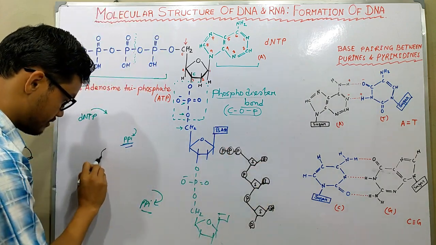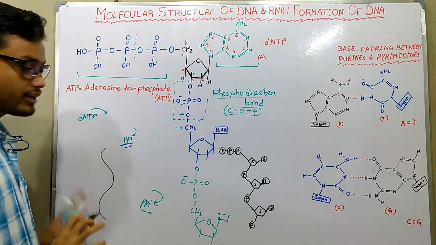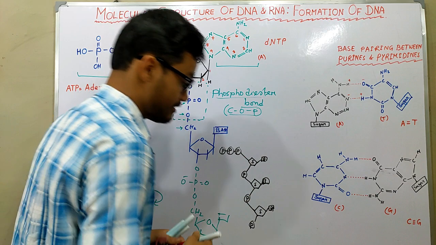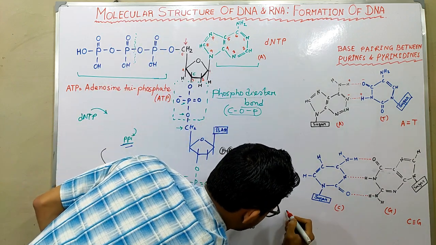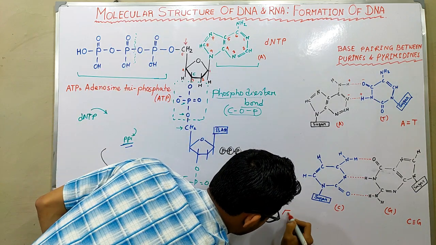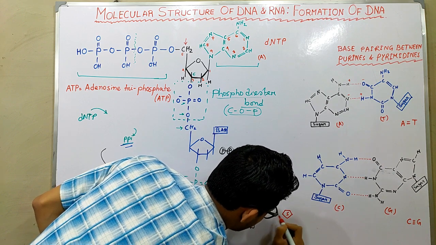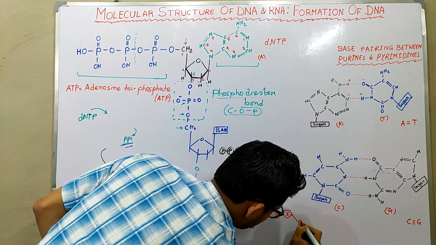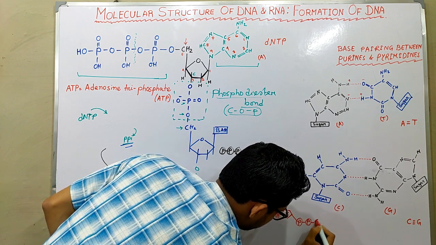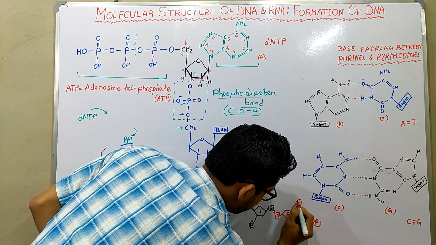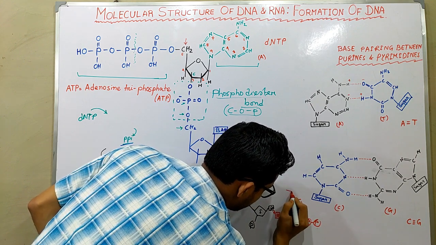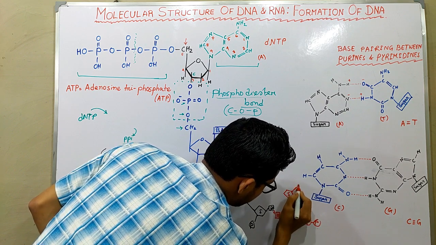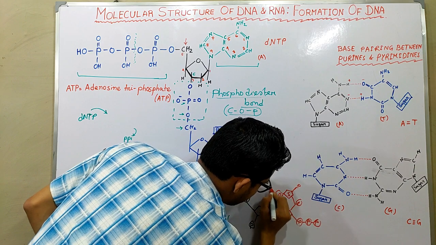That means the formation of this strand. And the opposite strand synthesis is just like here: sugar, base, this bond here, phosphate, and next one is phosphate here, sugar, phosphate, base.